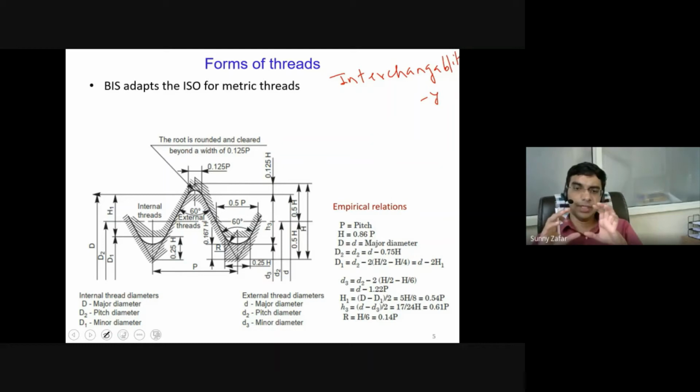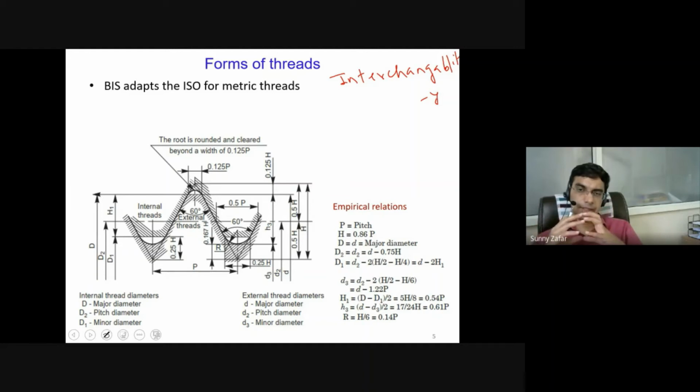So if you are following a particular standard, you will be able to produce a part which could be interchangeable with a part produced at some different place. This concept was also introduced in the case of threaded fasteners.